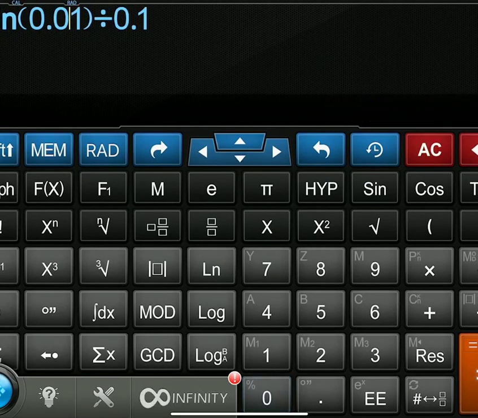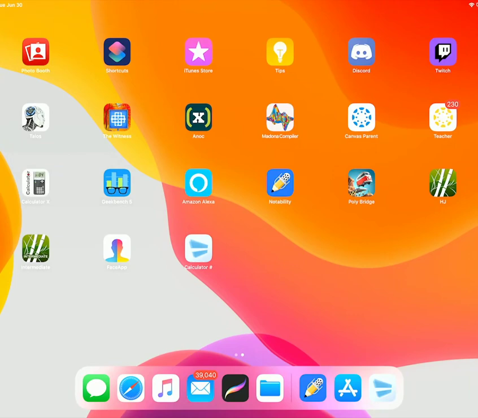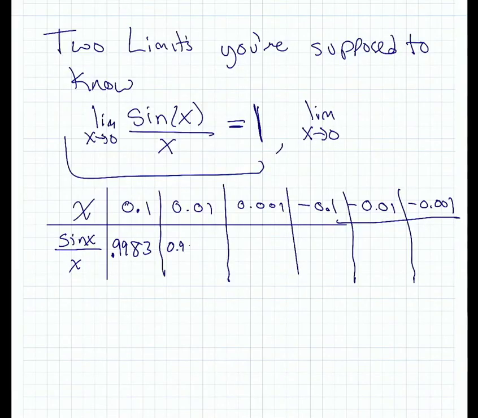Change this to 0.01 and this to 0.001: 0.99998, so 4 nines. I'll save you the trouble. This is going to be 0.9999998, 1, 2, 3, 4, 5, 6 nines and then an 8. Hopefully you can see that those are very close to 1.